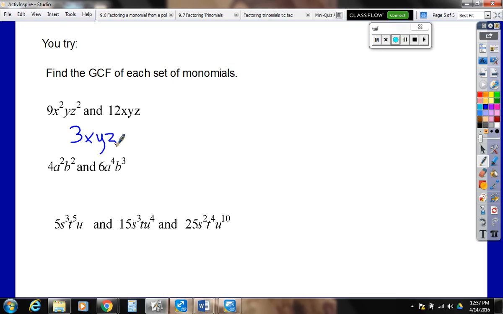C. That's it, and the smallest is an exponent of 1. Cameron, what's the greatest common factor? 2. A to the second. B to the third. No, we want the smallest exponent. So here we have b squared, and here we have b to the 3rd. We want to pick the smallest one. 2. Okay, good.